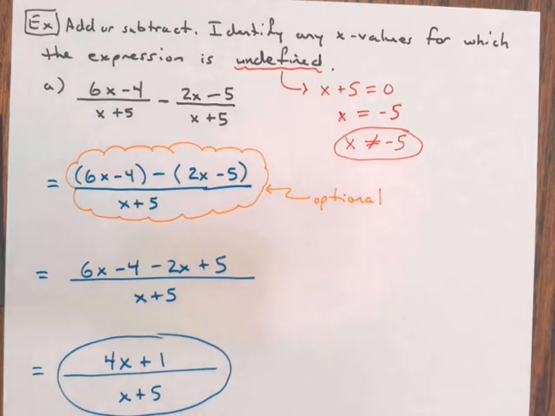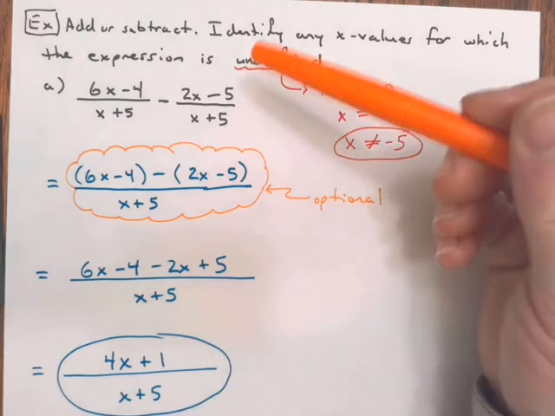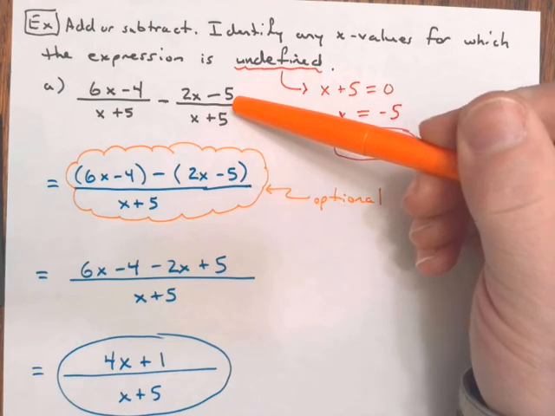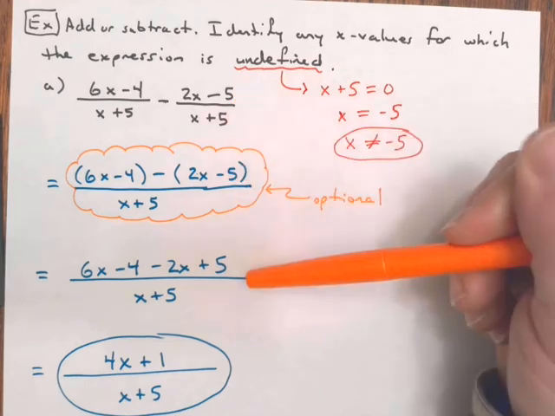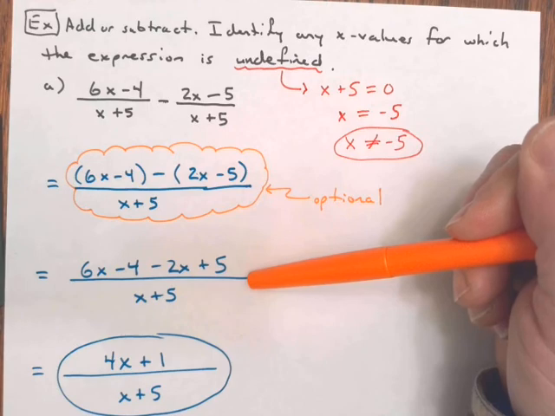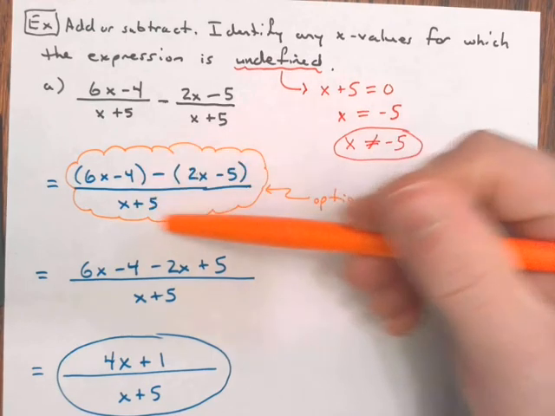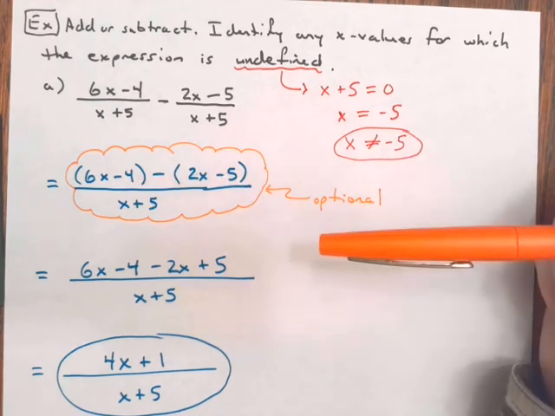If you did not want to show that step, if you were comfortable going from what I have here in black to what I have here in blue, skipping over this step, that would be totally fine.